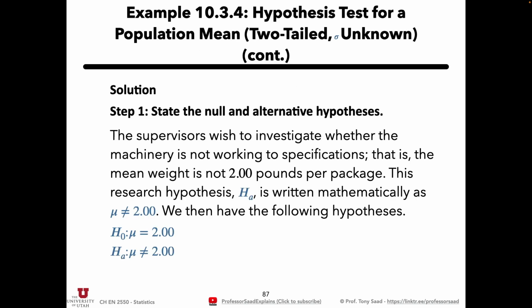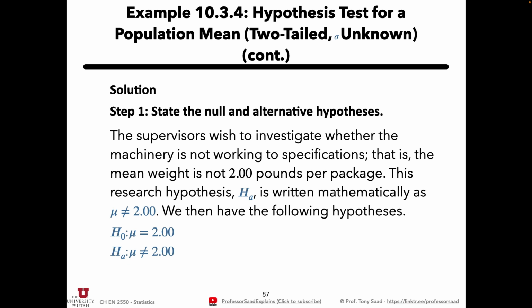First we state the null and alternative hypotheses. The null is what we think is the truth, that the mean weight is 2 pounds of these packages. And then the alternative hypothesis, the researchers' claim in this case, is that it's not equal to 2 pounds.